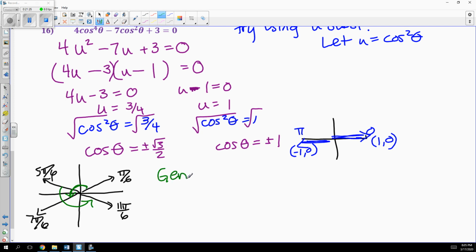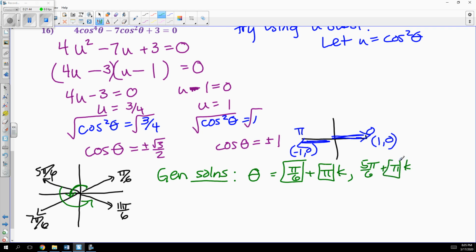Your general solutions in shortest form possible are going to be theta equals pi over 6 plus pi k. And you're also going to have 5 pi over 6 plus pi k. You should also be able to type in, there's one more.